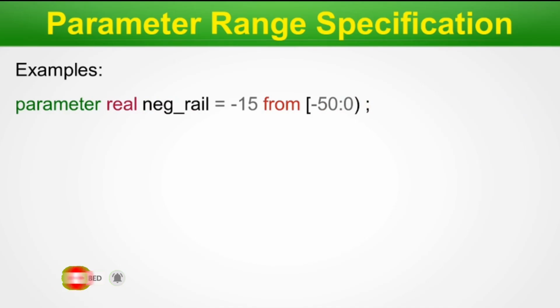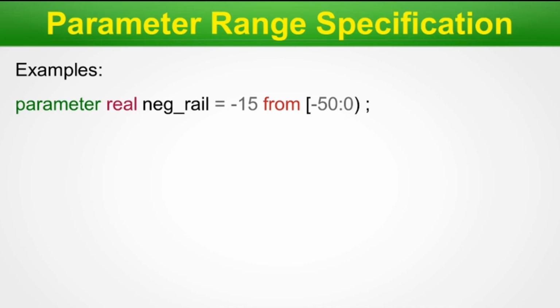Parameter here, the real parameter is defined from -15 as a static value and its range is specified by the keyword from. We can see the lower limit is -50 and the upper limit is 0. Now, the lower limit -50 is included in the range while 0 is excluded.